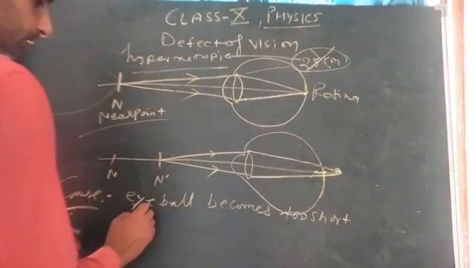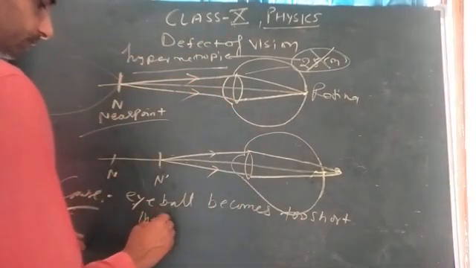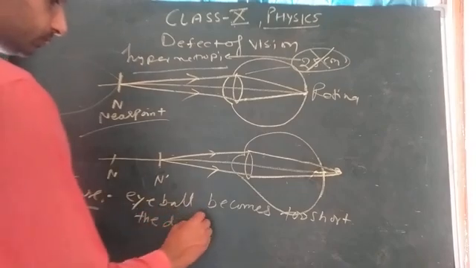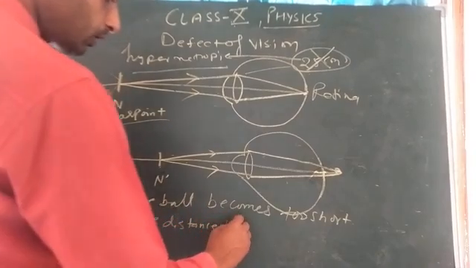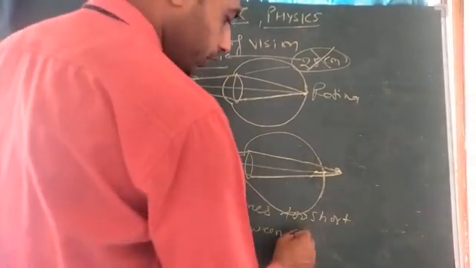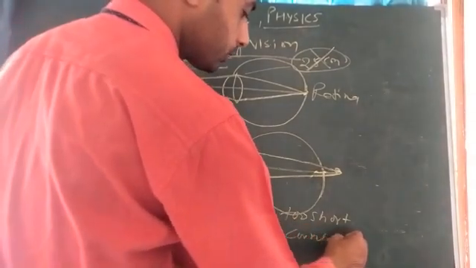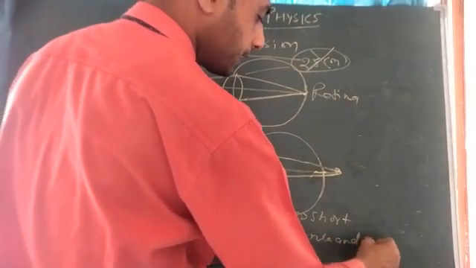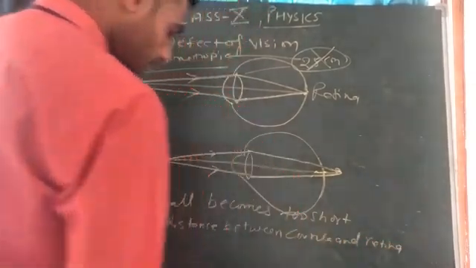It means the distance between the cornea and retina decreases.